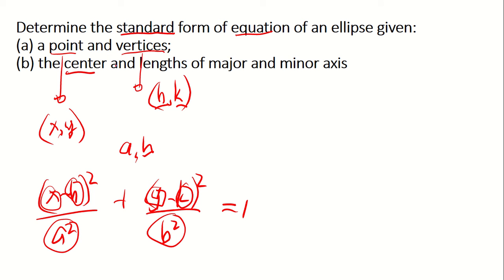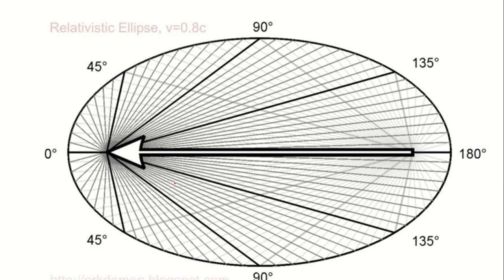Same with the center and the length of the major. So, alam natin ang major is equal to 2a, and that means we can find the a, and the minor is equal to 2b, and you've got here as b, we can find the value of b. So, alam din natin na from vertex to vertex, that is equal to 2a, and from here up to there is the same as from here up to here, and that means this is equivalent to a, and this is equivalent also to focus to one of the vertex is equal to a.